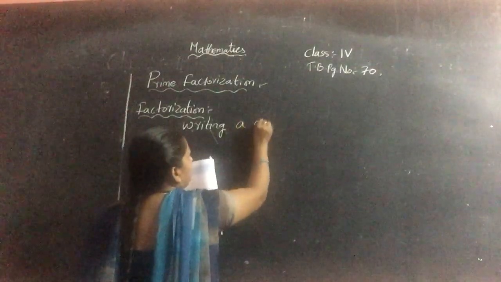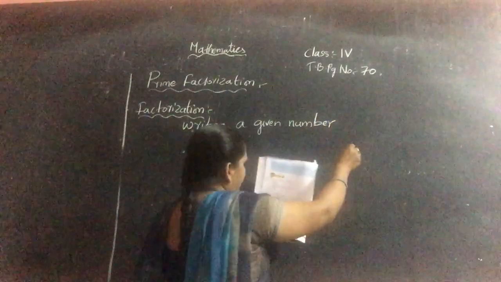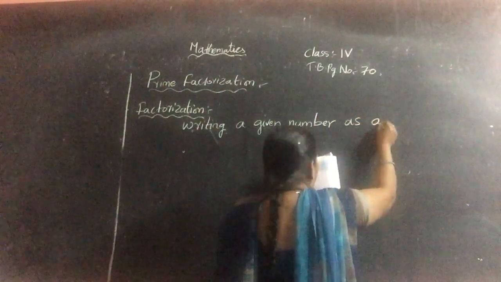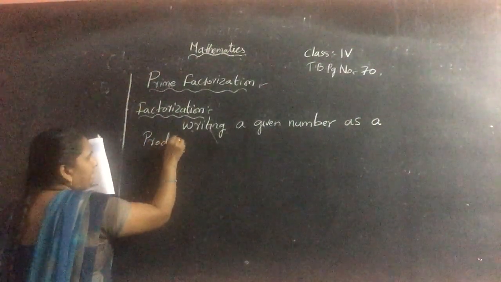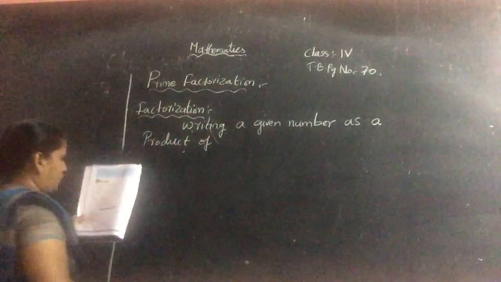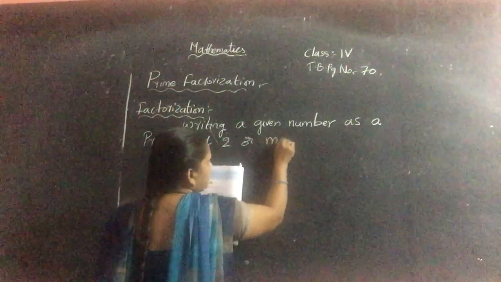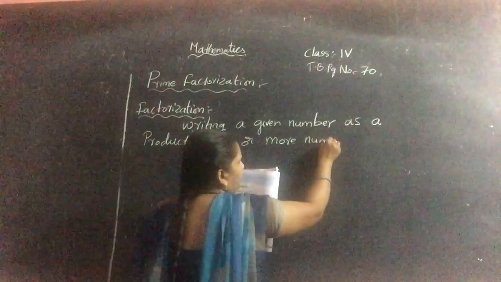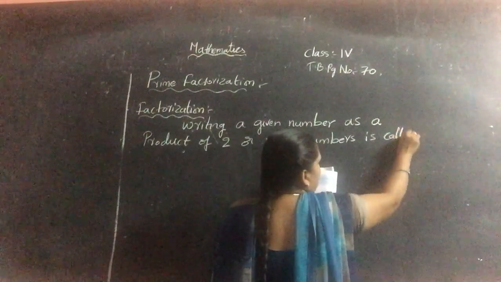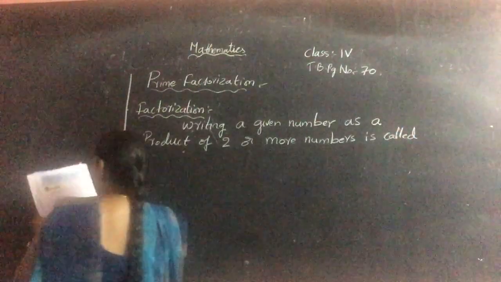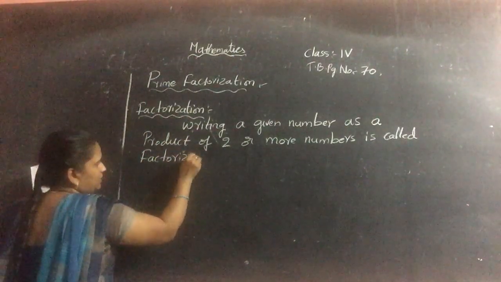Writing a given number as a product of two or more numbers is called factorization.